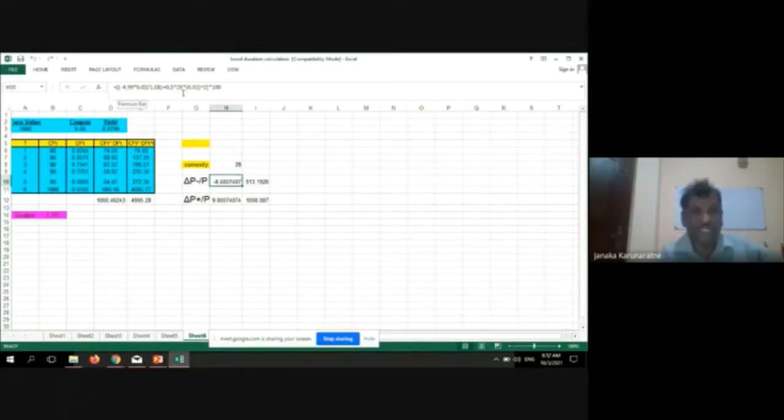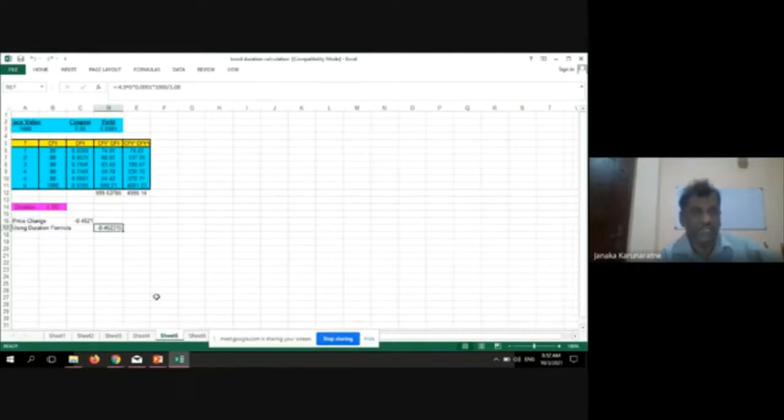Okay, the convexity. Now if you work out the convexity, as you know the formula, convexity is 10 to the power 8 times the positive change as well as the negative change. The negative change is delta P minus divided by P, that is 999.53785, which you got in your previous answer.